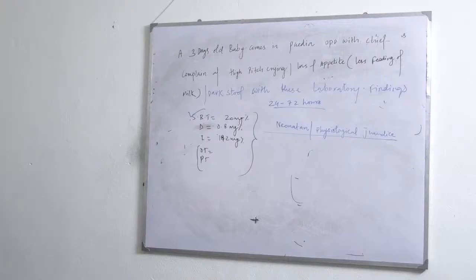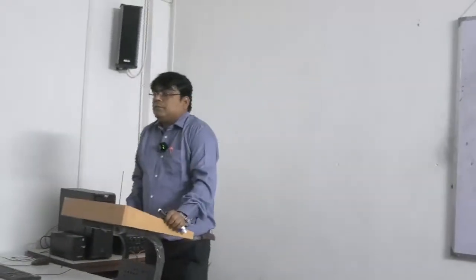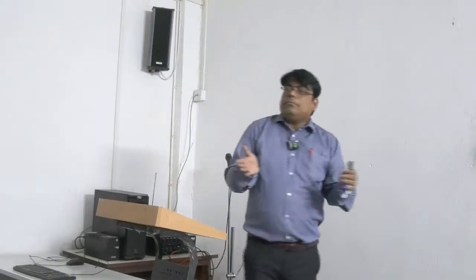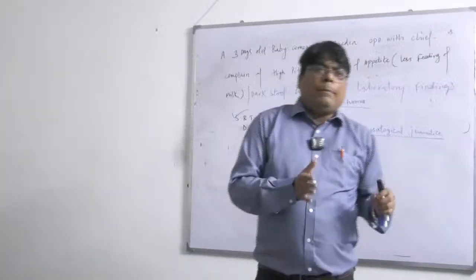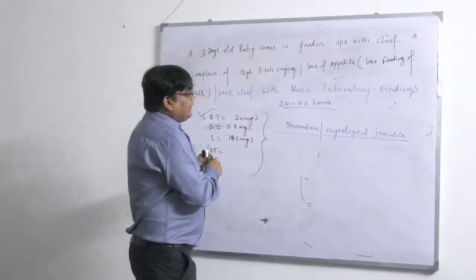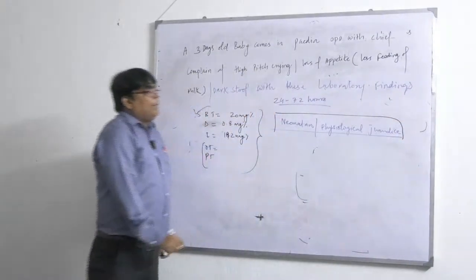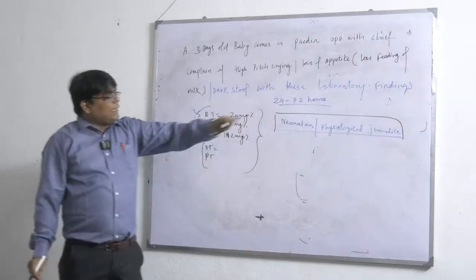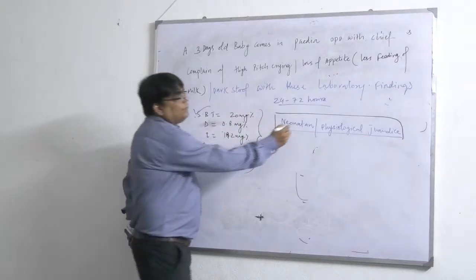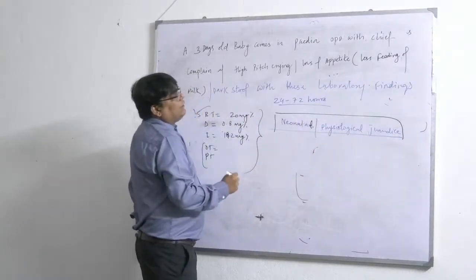It is not able to conjugate bilirubin. That's why the level of bilirubin becomes high. Due to this, the bilirubin is not metabolized, and such children suffer from neonatal jaundice or physiological jaundice.